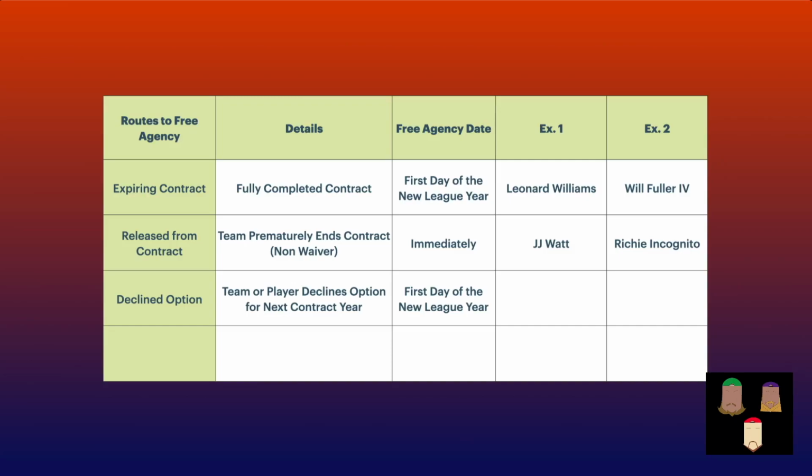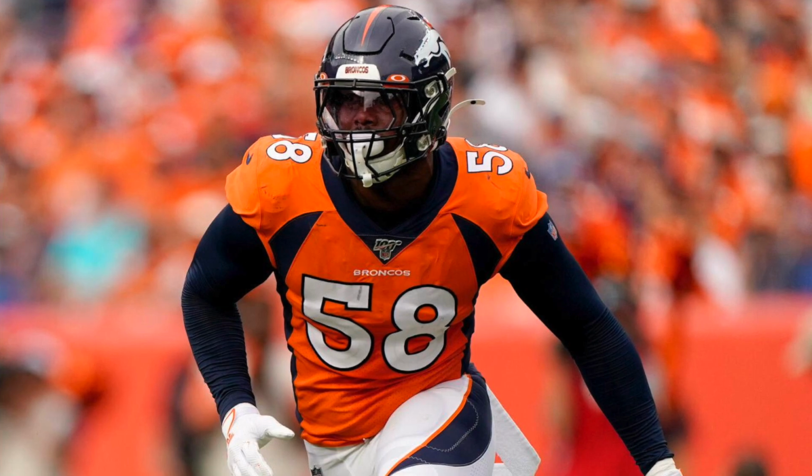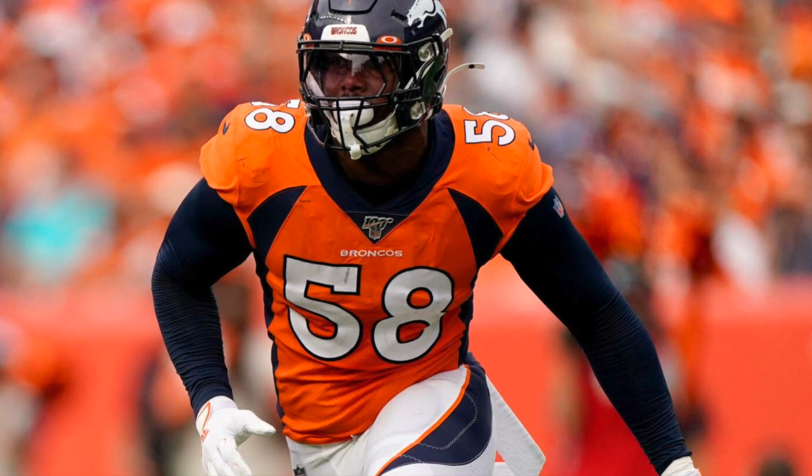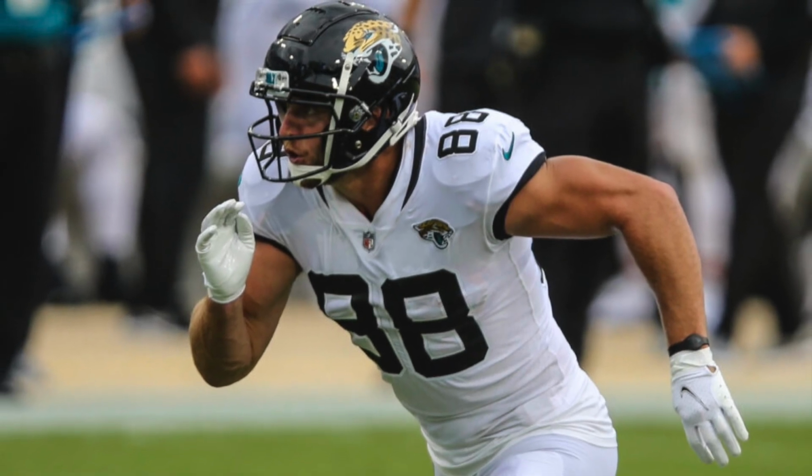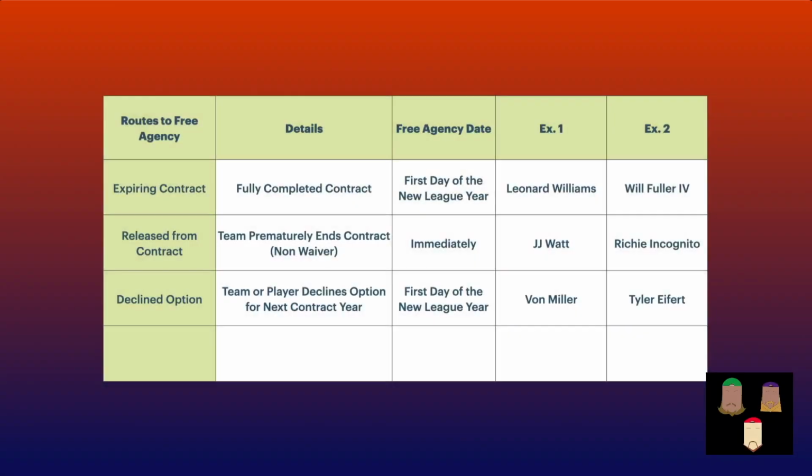A player option is exactly the same, except of course, the player is the one who gets to decide. Player options are pretty uncommon, and often whether a player can even exercise the option requires a certain qualifier to be met, such as playing time. This year, both Broncos linebacker Von Miller and Jaguars tight end Tyler Eifert are expected to have their options declined.